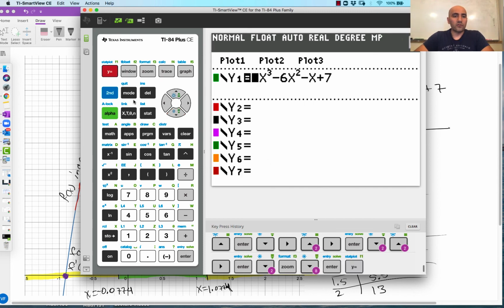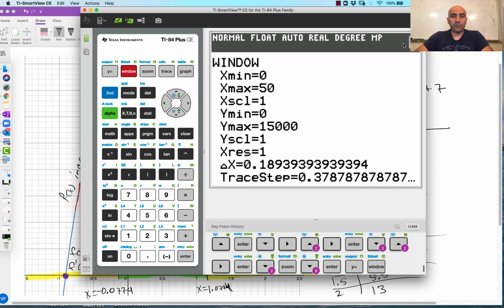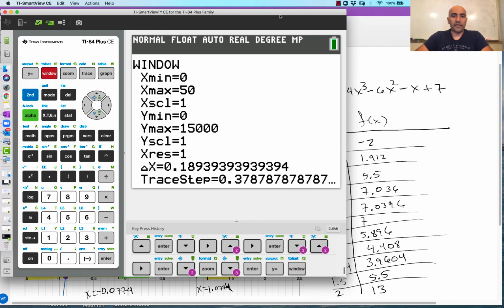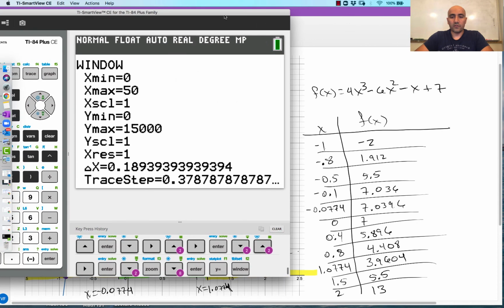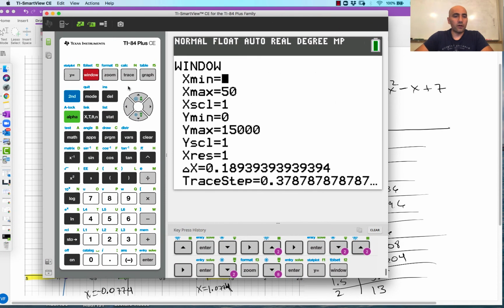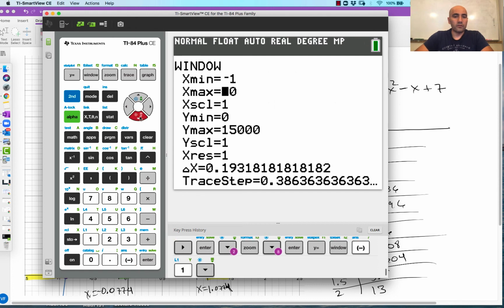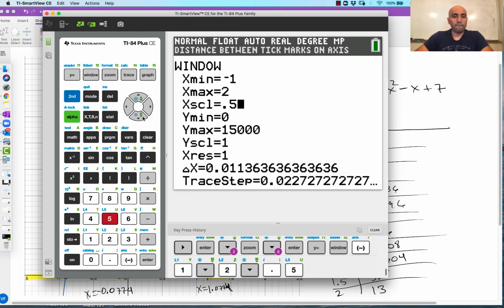So next let's go to Window, and we already have a pretty good sense of the dimensions that we want to graph based on our table. It looks like -1 to 2 are good choices for x: a minimum of -1 to a maximum of 2, and let's go by scales of 0.5.